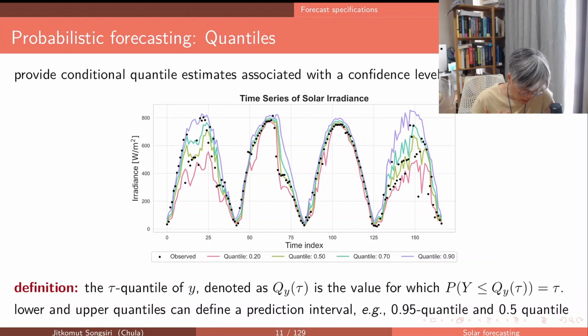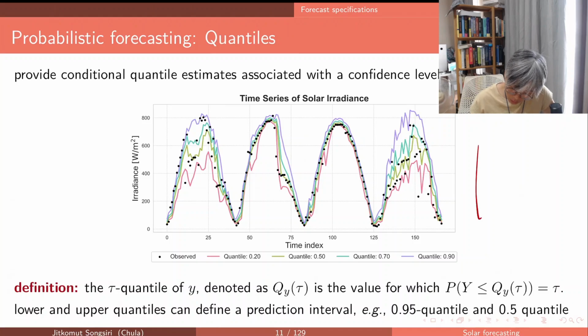But there's another approach to telling the uncertainty information, or statistical information, about the forecast as well. We have the concept of quantiles. Let me remind you a little bit about the definition of quantile. If you have a variable y, the tau quantile of y, using this notation, is the value where your CDF, the probability of y less than this value, equals tau.